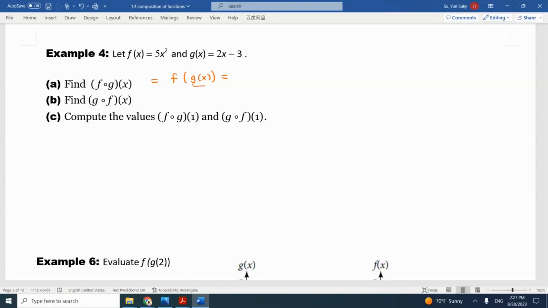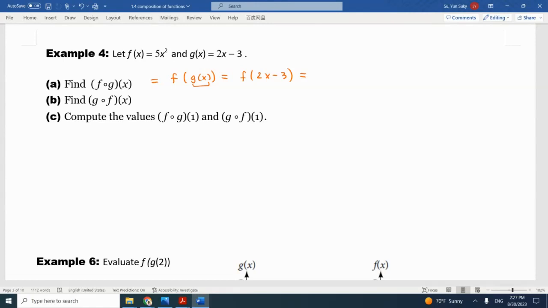So what is G of X? 2x minus 3. Right, everybody? 2x minus 3 is G of X. And then F of 2x minus 3, you look at the formula. Every time you see x, replace x by 2x minus 3.